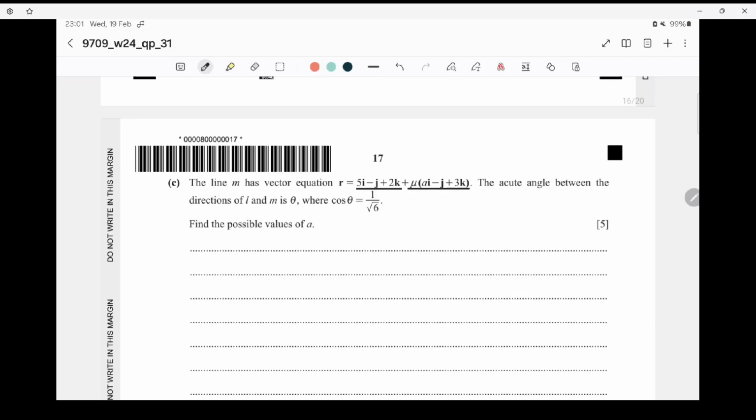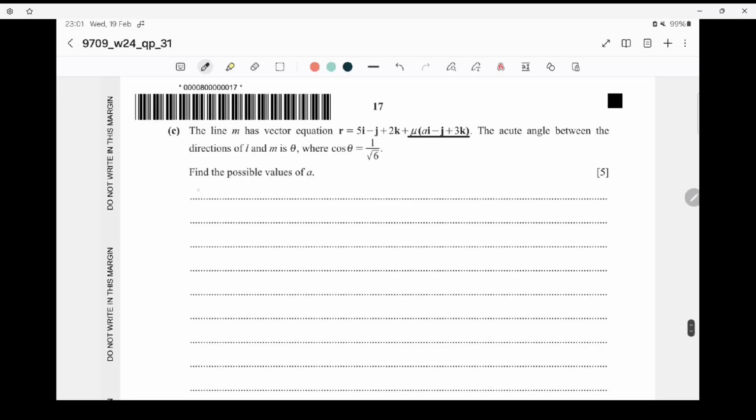So when you try to find the possible values of a, what you need to do is to use the scalar product, but you don't really need this particular point. You just need the direction vectors. So for line L, the direction vector is 2i plus j plus 4k.